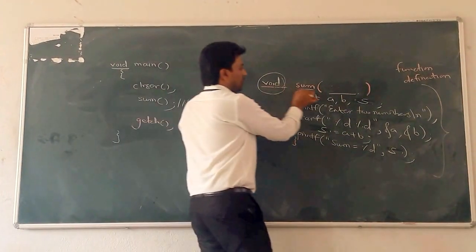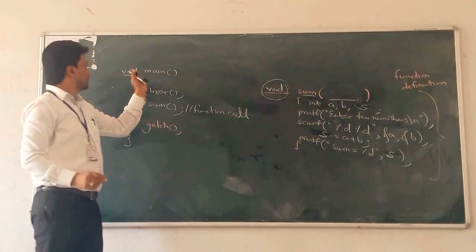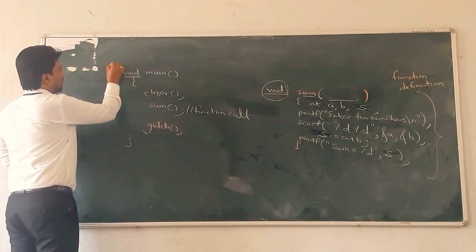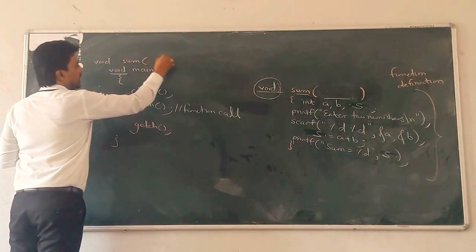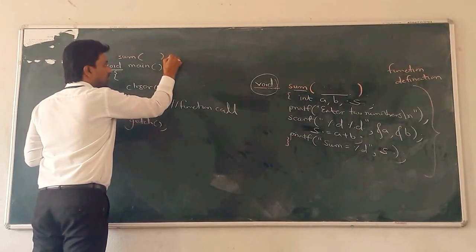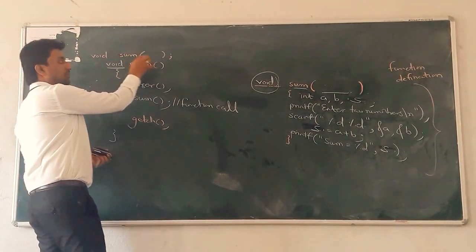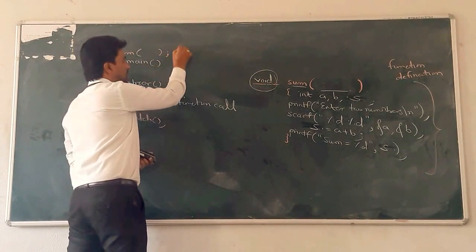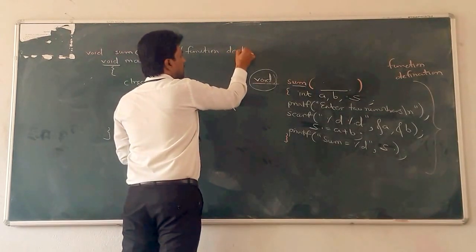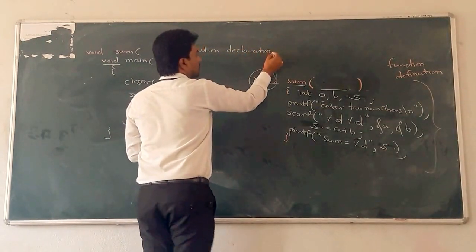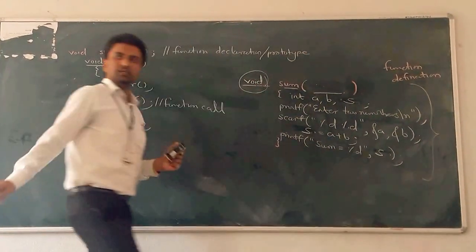This line: void, sum and argument list. We write this line above the main function: void, then the name of the function, then the argument list, no argument is there, and write a semicolon. So this line, void sum, parentheses and then semicolon, is called the function declaration, or also the function prototype.